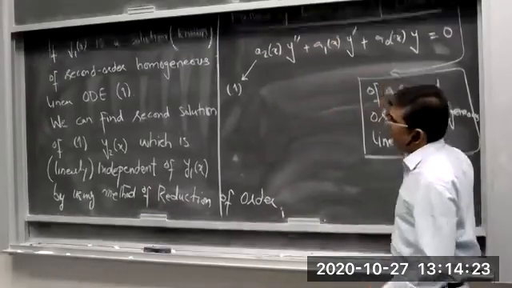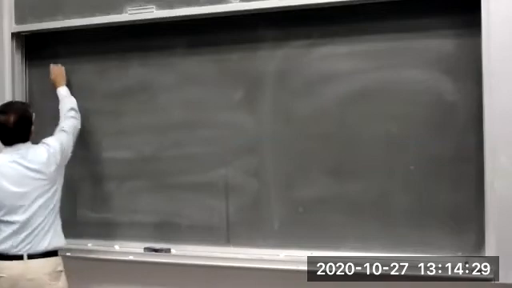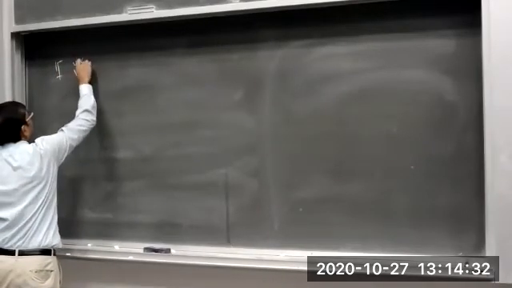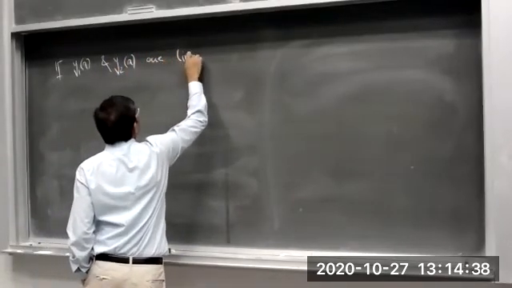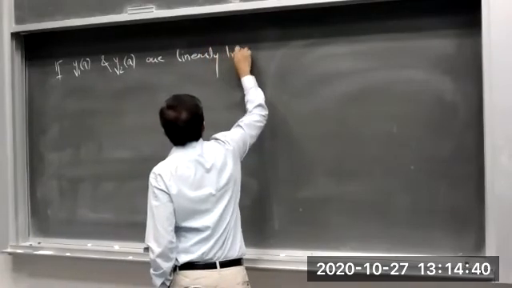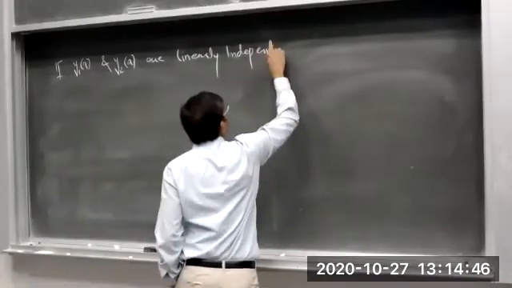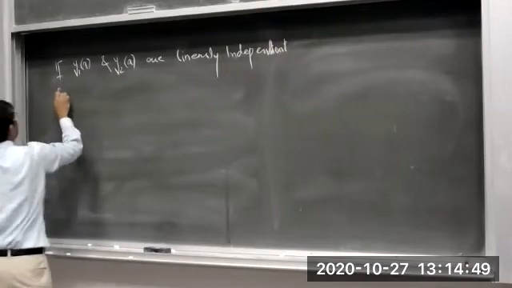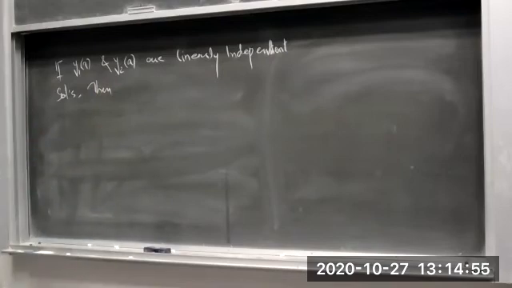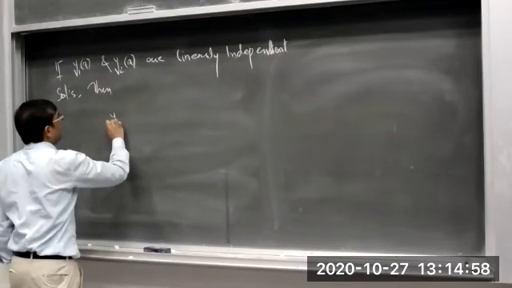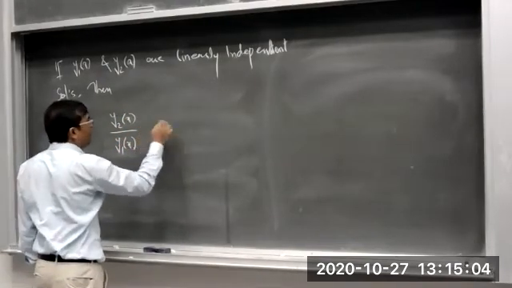We know that if y1 of x and y2 of x are linearly independent solutions, then their quotient must not be a constant.